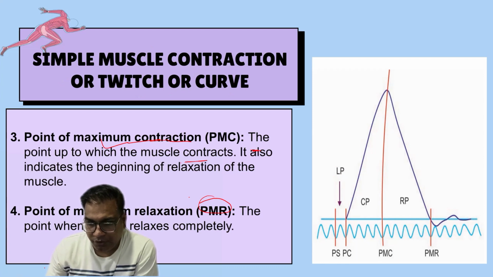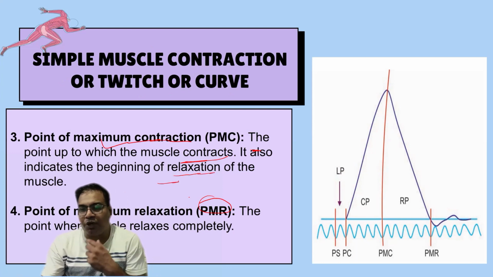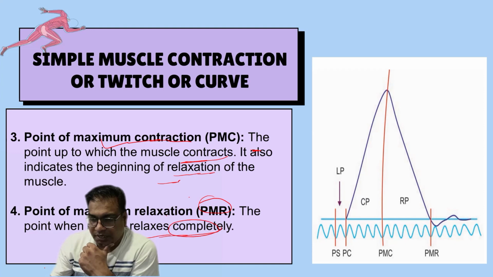The point where muscle contracts also indicates the beginning of relaxation. So it is the maximum point where a muscle can contract. In case of maximum relaxation, the muscle relaxes completely.